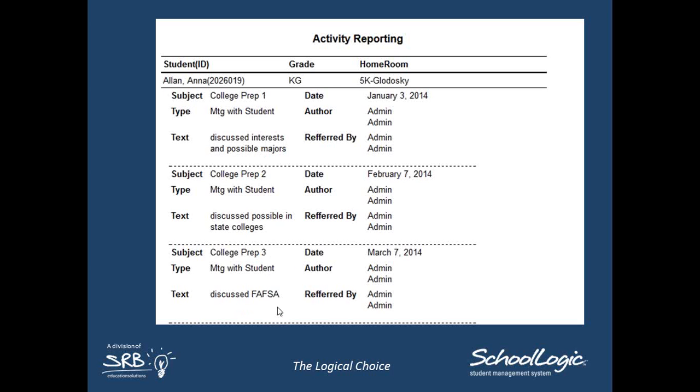Now, for those of you whose national symbol is a beaver, I'll explain that FAFSA is the United States government's first step toward possible college financial aid. Every college-bound family on my side of the border fills out FAFSA. So on this particular report, the way they've got things constructed in their world, this is a series of meetings, and what's important here is not so much the type, but the subject.